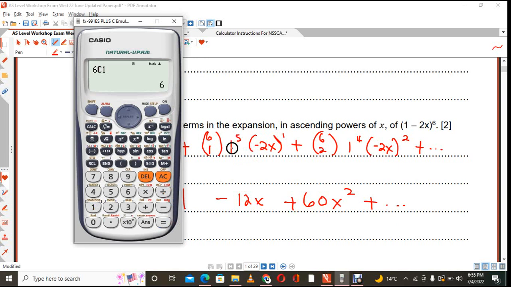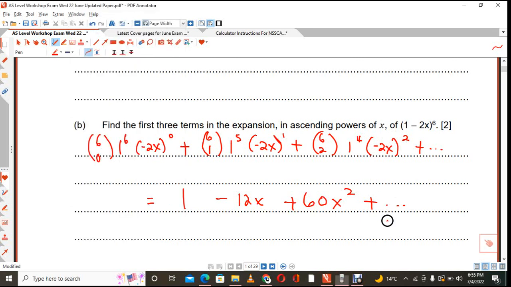Obviously, multiplying anything by 1 raised to the power 5 or any 1 there is just going to give you that same value. So 6 choose 2, you get 15. So that's 15 there, but that 15 now must multiply with a 4. Where's that 4 coming from? It's negative 2 all squared. So negative 2 times negative 2 is 4, and that 15 times 4 is where that 60 is coming from, for example. Okay, so this is 2 marks for that.